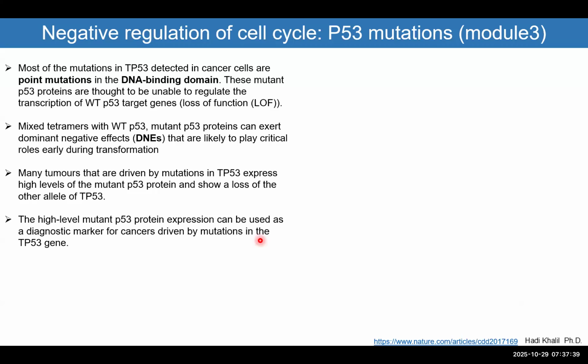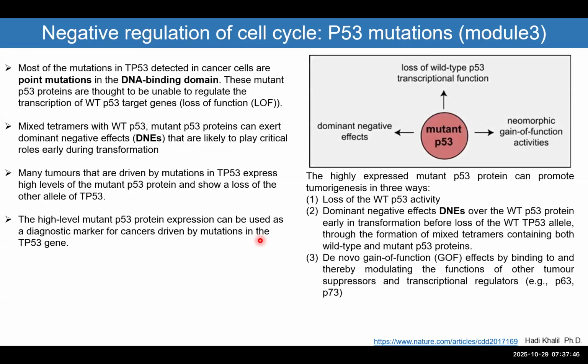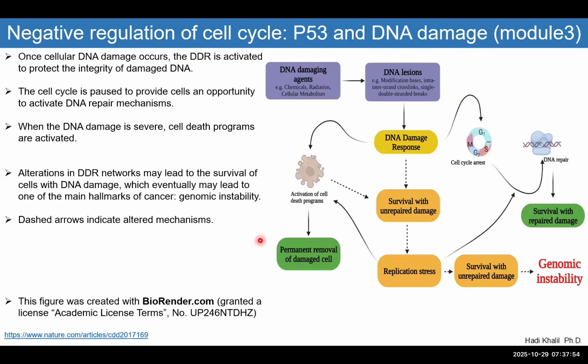Okay, so there are 3-4 slides. I'm not going to go into the details of these because we already described them extensively. Like we mentioned, if there is a mutation in the P53, how that would affect the function. And more importantly, this is very well correlated to the survival of the cell, because if there is any damage in the DNA, then it's better that this cell stops dividing rather than continue dividing with an error.